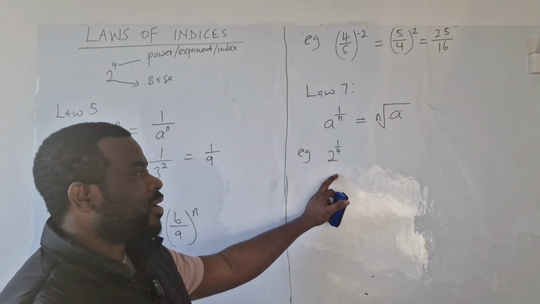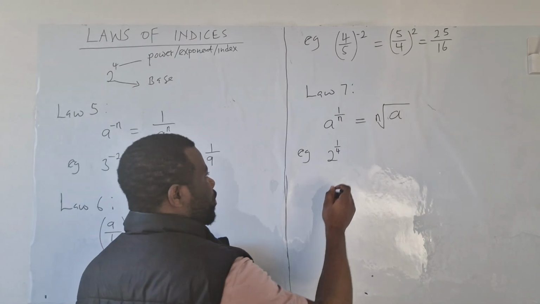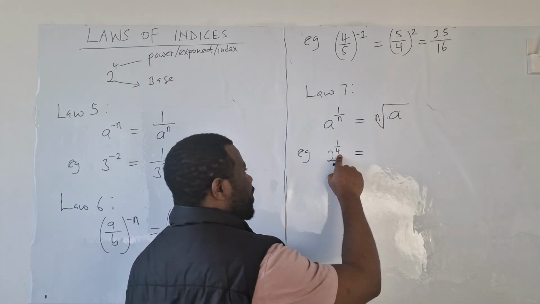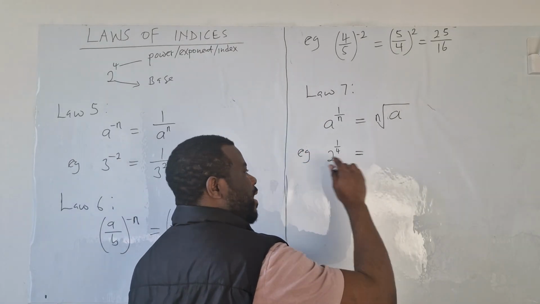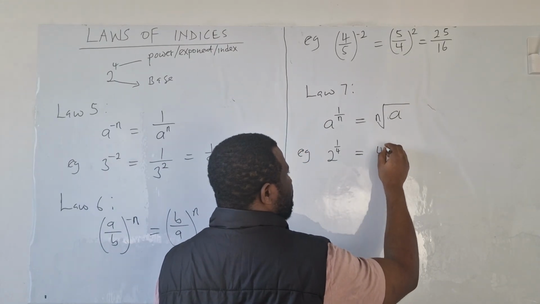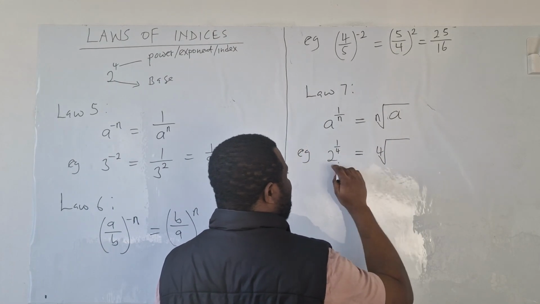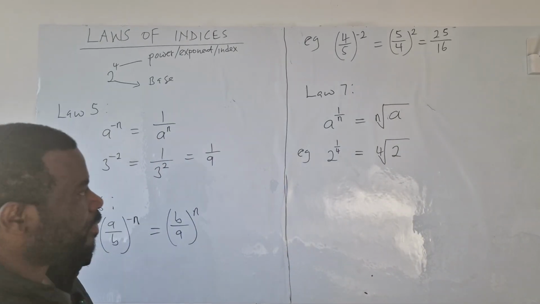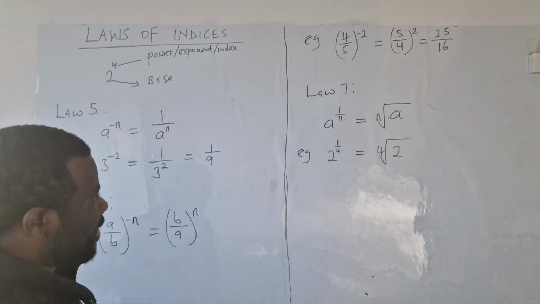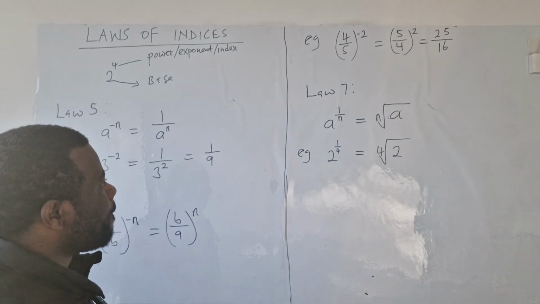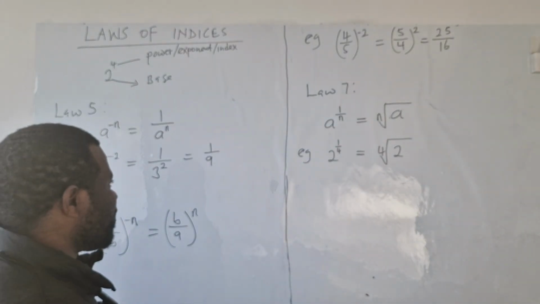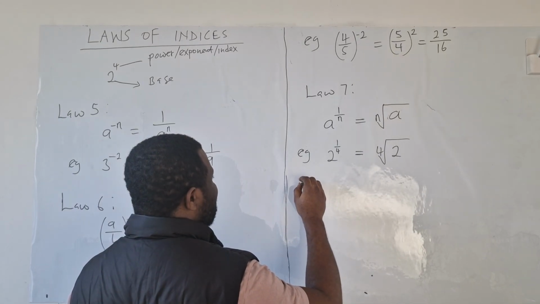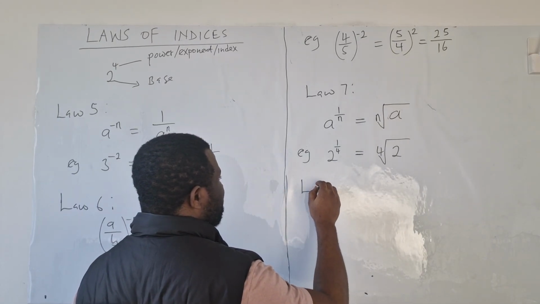The denominator of the fractional power is 4, so it becomes the 4th root of the base 2. I think this is not difficult at all.